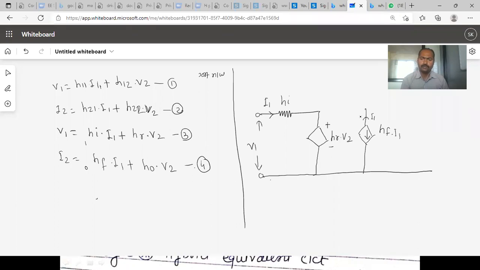Now HO V2. HO indicates the output admittance. Admittance does not come in series, that's why it comes in parallel with this current source. So this is HO, and all of that relates to the V2 voltage.